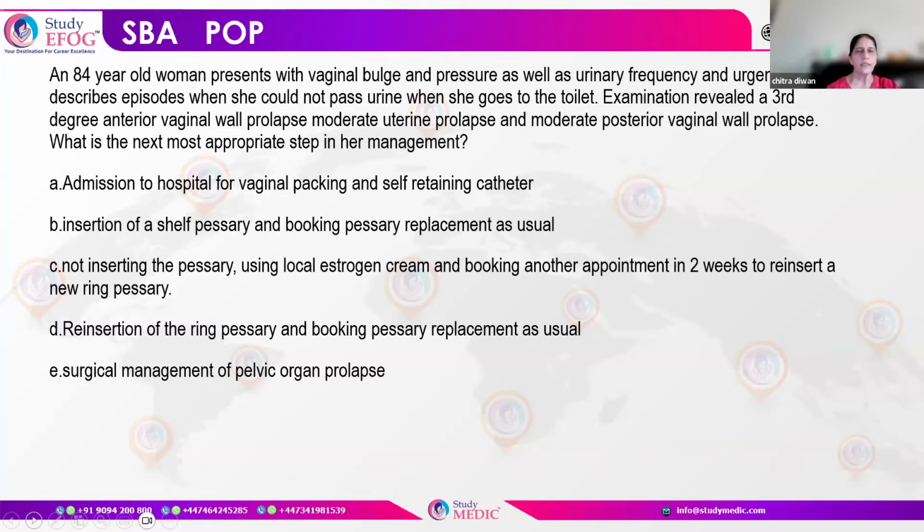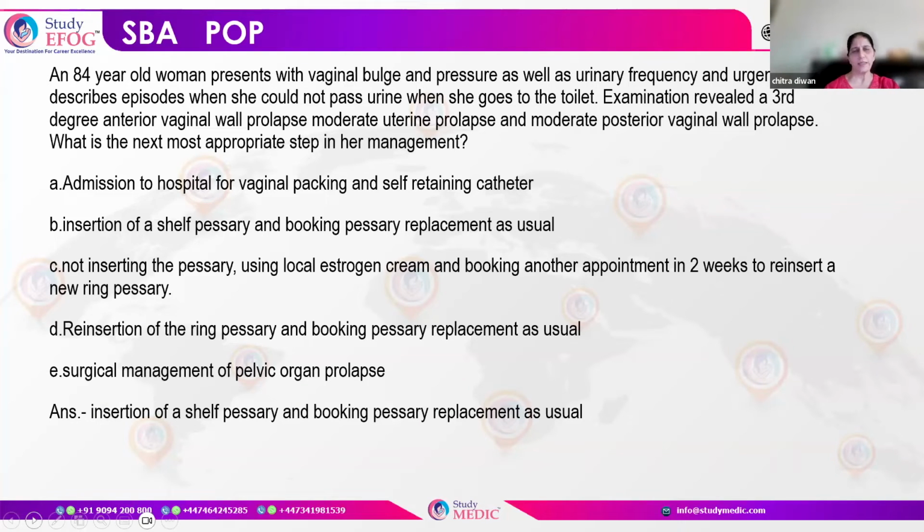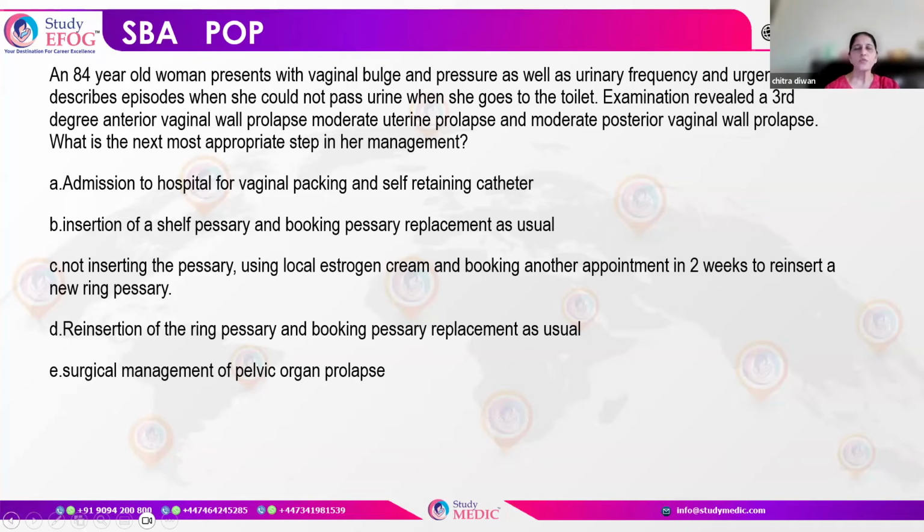So what would be the next appropriate step in her management? Admit, vaginal packing and self-retaining catheter; insert a shelf pessary and book for pessary replacement as usual; don't insert the pessary, give her local estrogen cream and book for another appointment in 2 weeks to reinsert the ring pessary; or surgical management of pelvic organ prolapse.